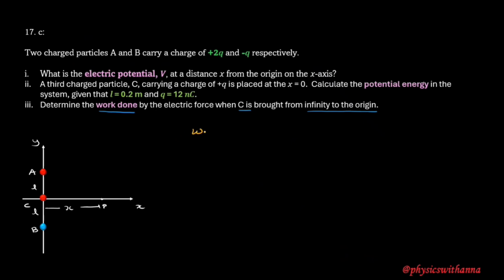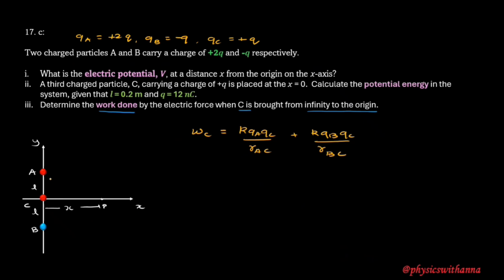So work done in bringing particle C will be equal to KQAQC over RAC plus KQBQC over RBC, where QA here is given as positive 2Q, QB is negative Q, and QC is positive Q.